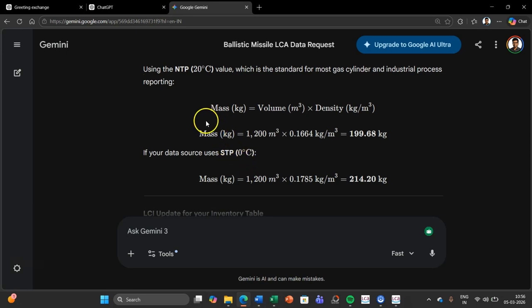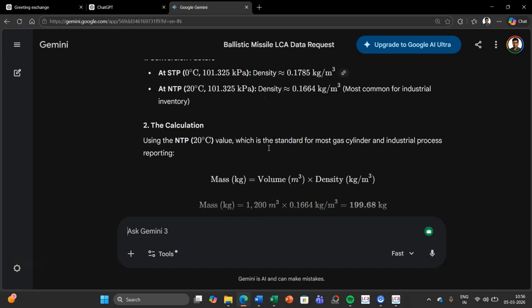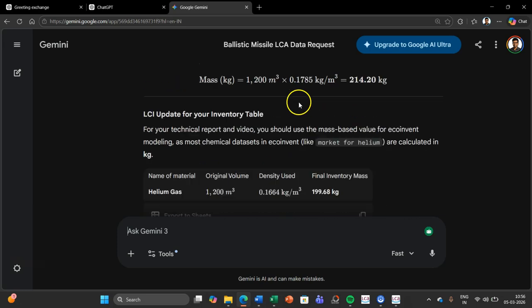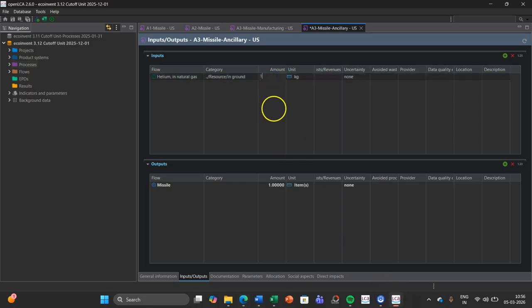Okay, the NTP value 1664, right? So 199.68 kg. 199.68 kg. I hope you understand what is happening.